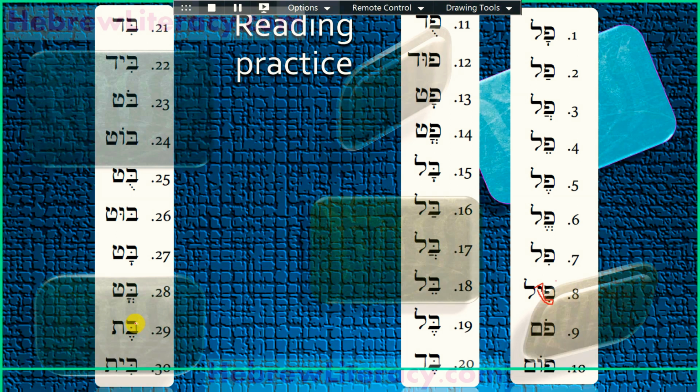Always be careful to place your bet. Bet. And 30, I apologize again for the green line, but it's the same consonants, but we have a long chirik. So this was and this is going to be e. Beat, like Michael Jackson. Beat it.